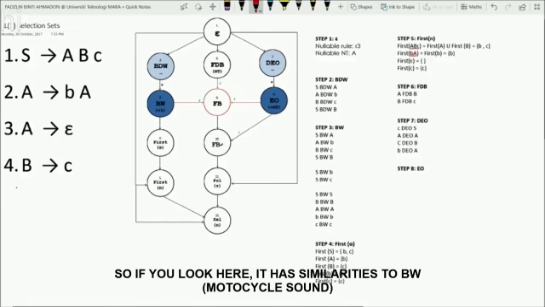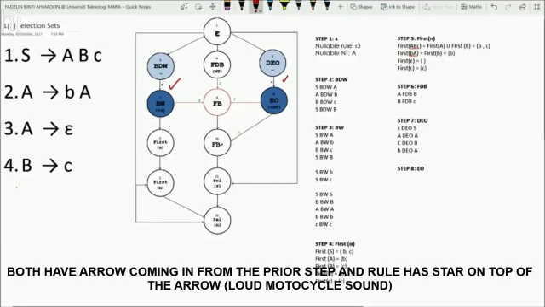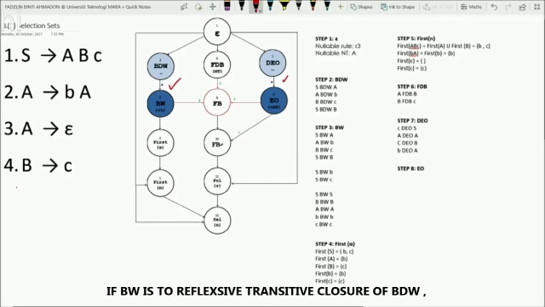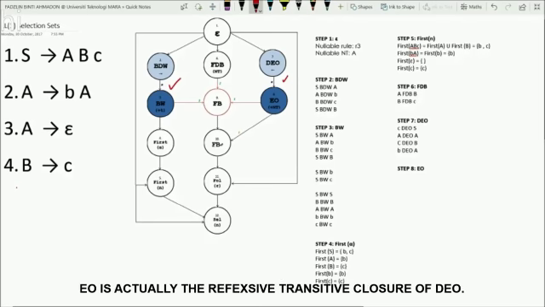If you look here, it has similarities to BW. Both have arrows coming in from the prior step, and both have a star on top of the arrows. If BW is the reflexive transitive closure of BDW, EO is actually the reflexive transitive closure of DEO.